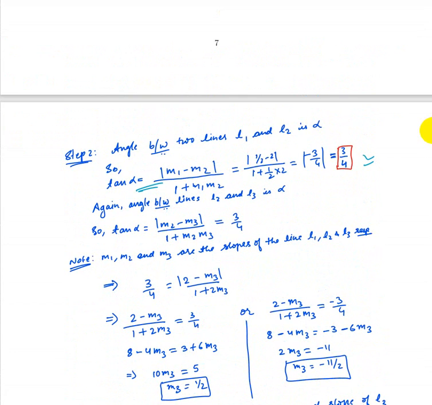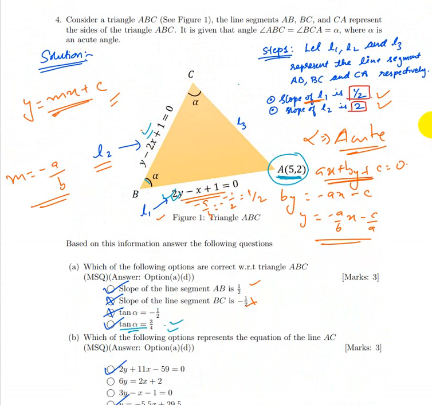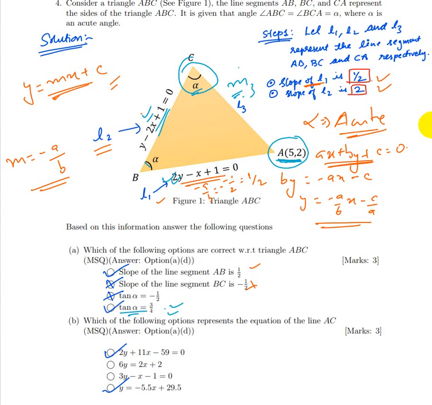Okay, so now if this is alpha, then tan alpha is equal to 3 by 4 is true for this angle also. So if we take the slope as m3 and the slope of this line is known, we can just easily find this angle A. Okay, and we know the tan of this angle A, so we can find m3 actually.